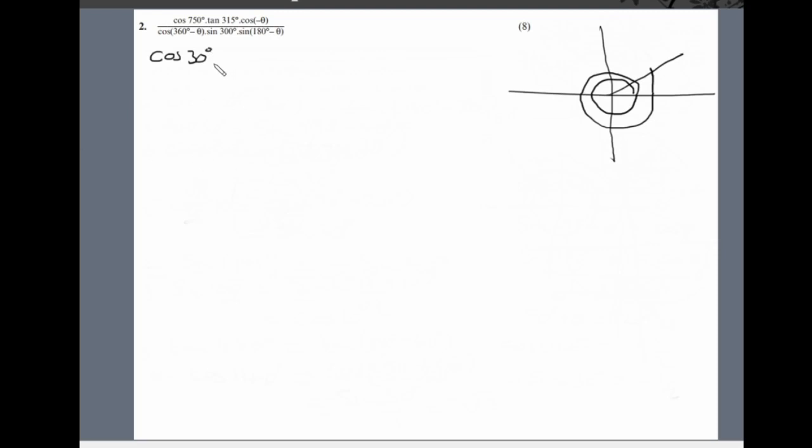Okay, and then tan 315. If we take 360 minus 45, that equals 315. So tan 315 is the same as saying tan 360 minus 45. And then we have cos minus theta, assuming theta is an acute angle, it gives us cos theta.